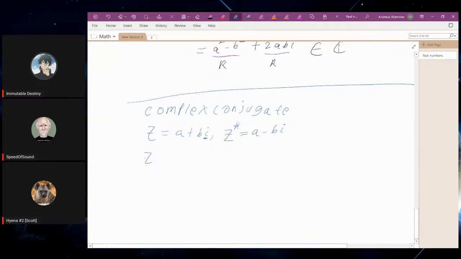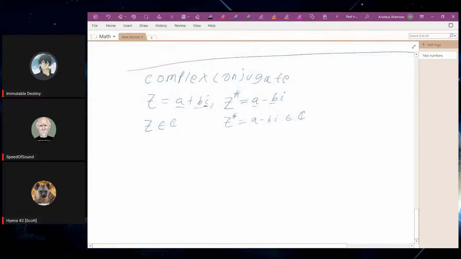It's obvious that z is an element of the complex numbers because a is real, b is real as well, and z star is also going to be complex because this is real and b is also real. It is also an element of the complex numbers. But what becomes curious about this is what about their product? So what about z times z star?